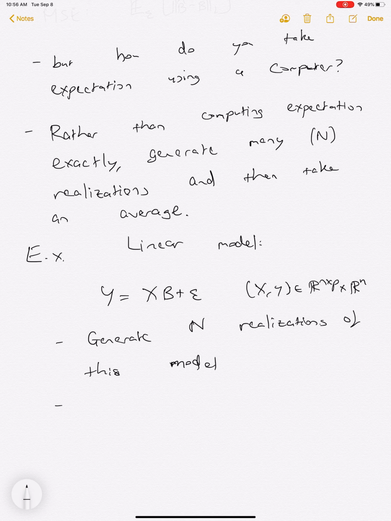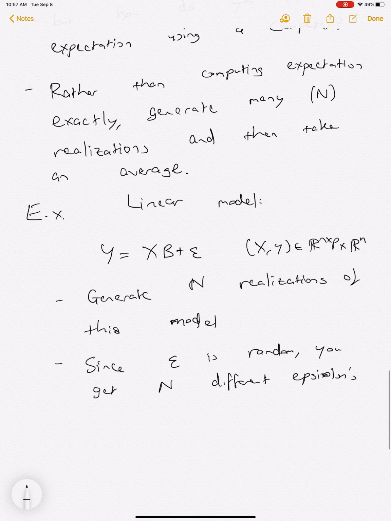And then how do you get those different realizations? And the idea is that since epsilon is random, you get n different epsilons, which gives n different data sets.